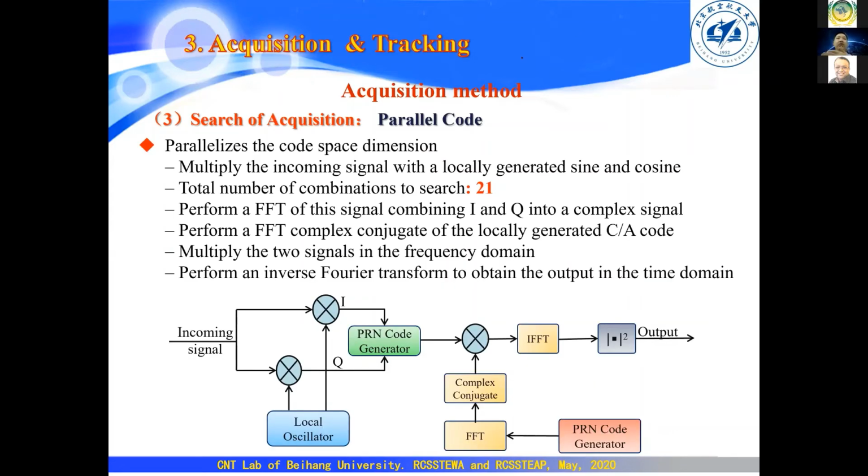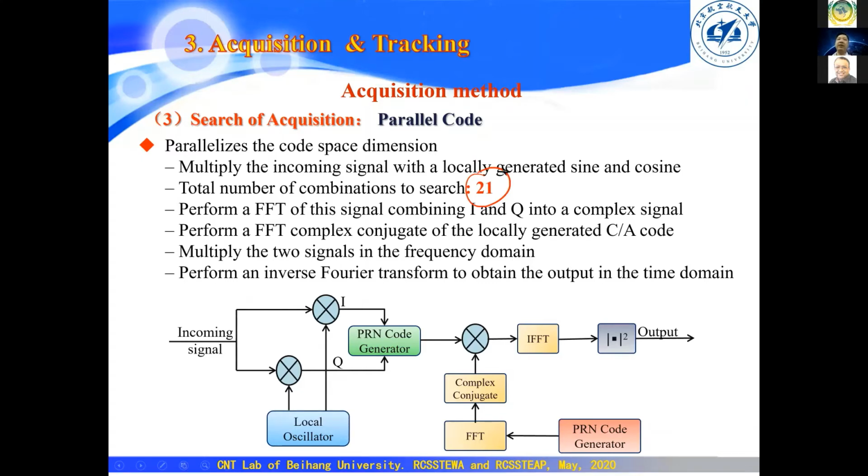We can also do parallel code search using convolution, with the FFT and inverse FFT, needing only 21 possibilities.